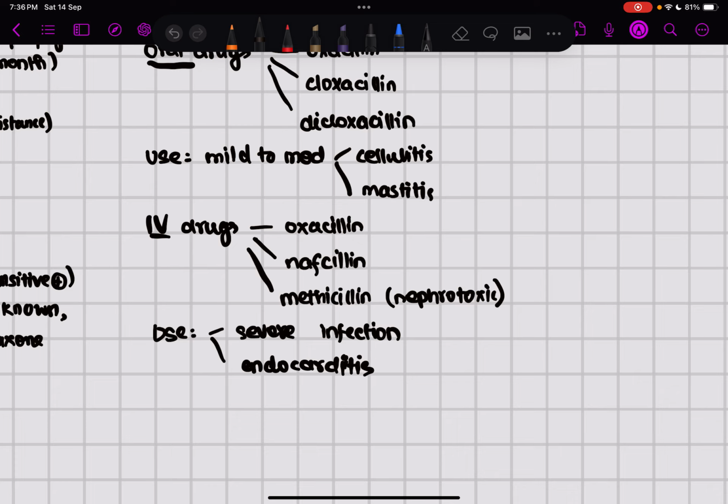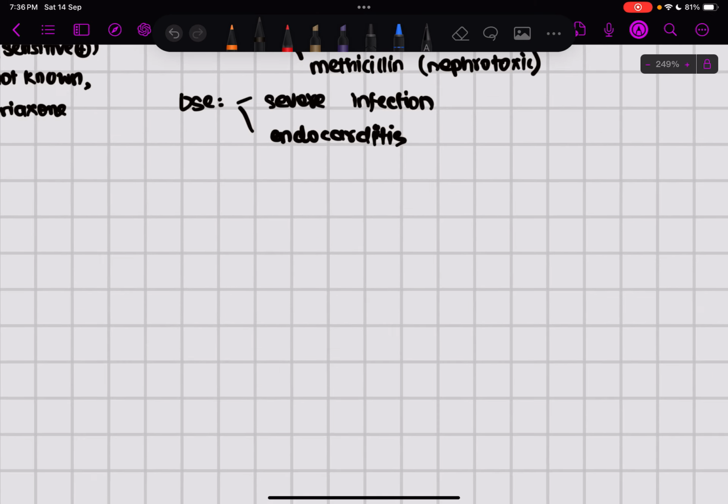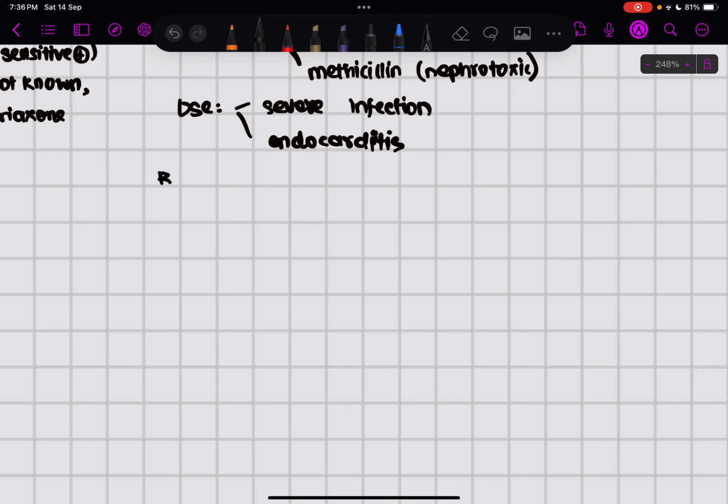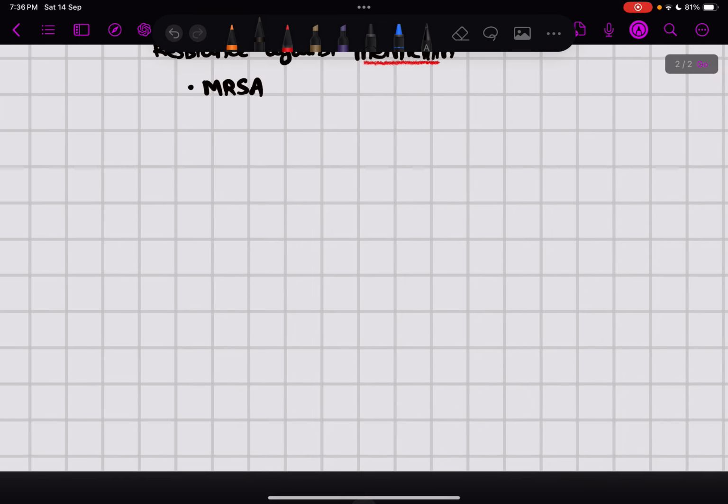Then bacteria developed resistance against methicillin too. Now we get methicillin resistant Staphylococcus aureus, and it has a mechanism.